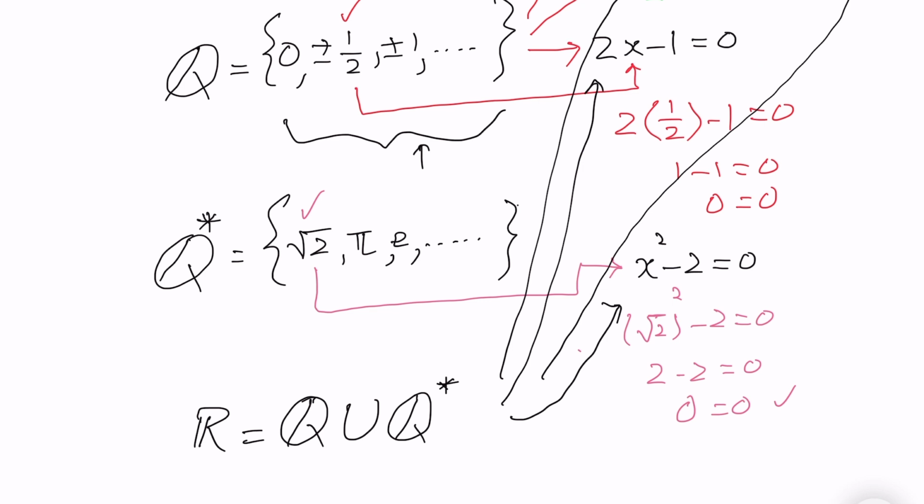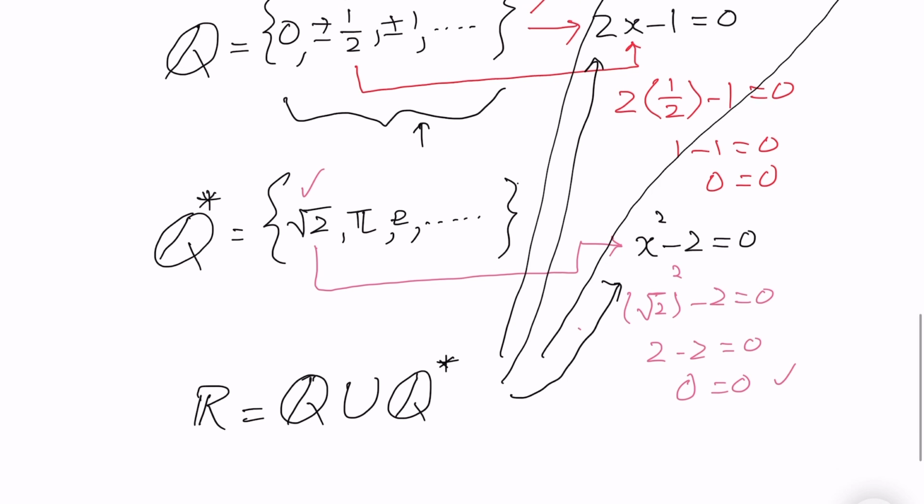So mathematically, we proved that, just like I told you guys, this set of real numbers is connected and is complete. So we were happy that we are done, we have done a good job.